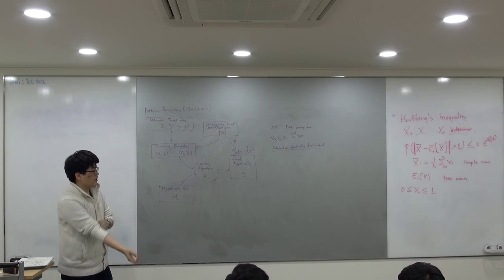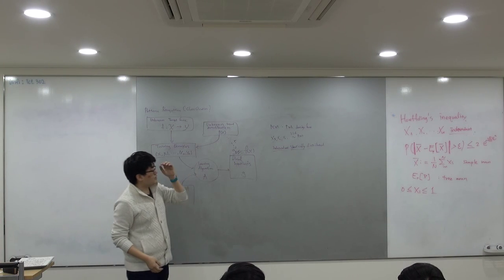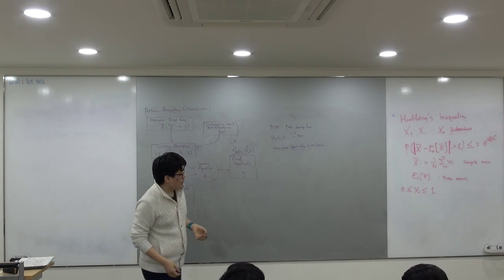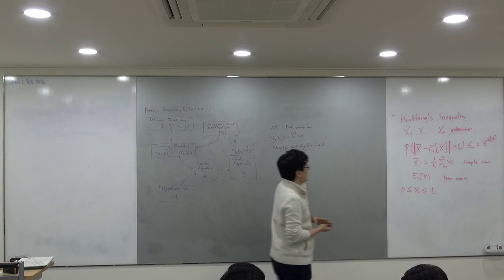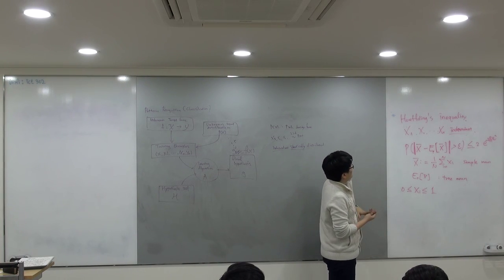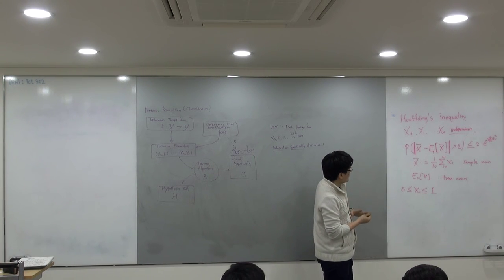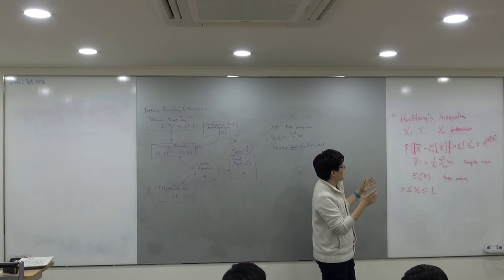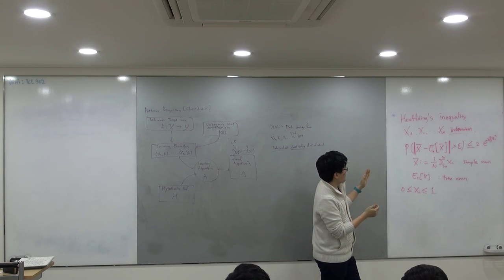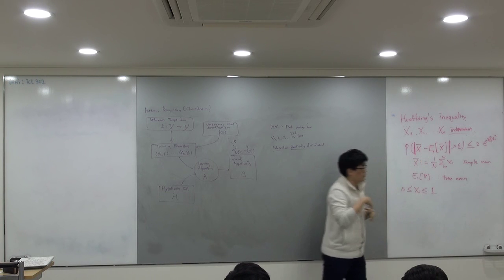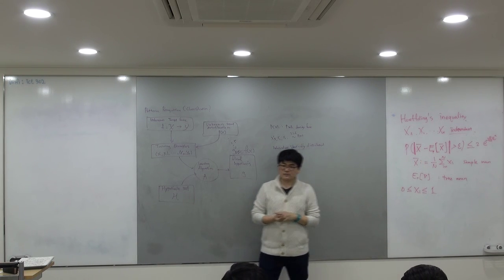That's the law of large numbers. And Hoeffding's inequality quantitatively says how fast you can reduce the error if you grow the number of samples.